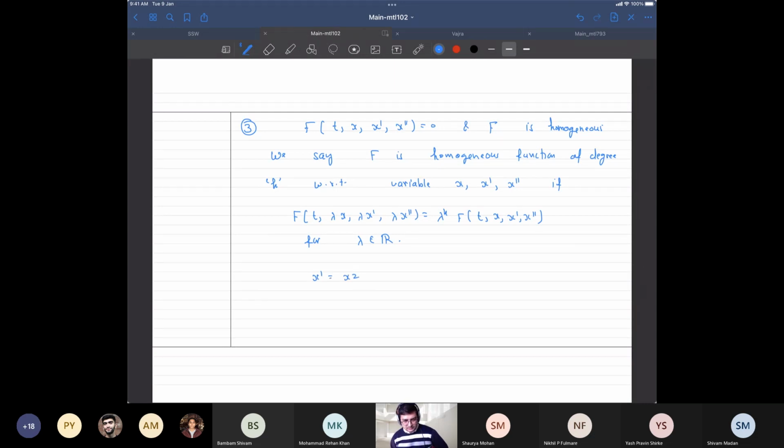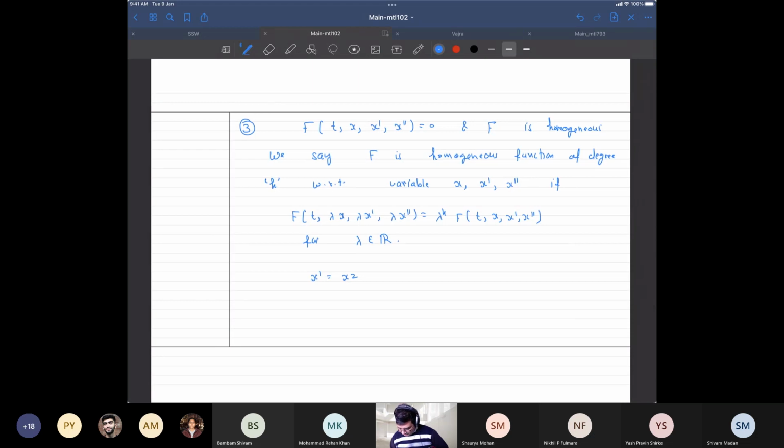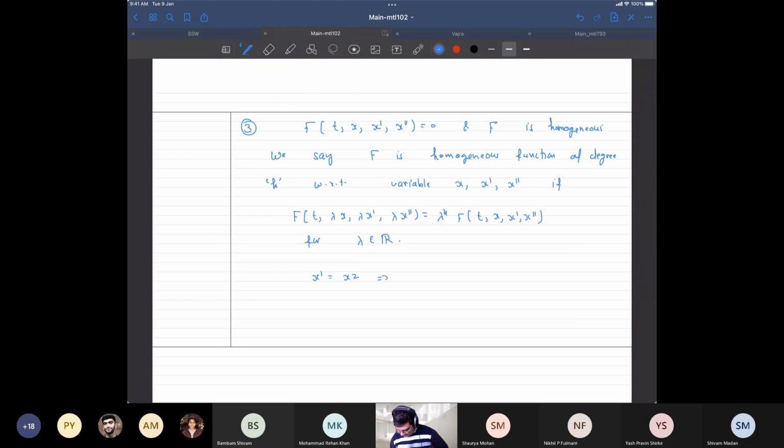More precisely, x prime of t is equal to x(t) z(t), where z(t) is again some unknown function. We will derive the equation for z(t). Once we solve for z, we can plug it in here and solve a linear equation for x. Okay, so let us see what happens when you substitute this.